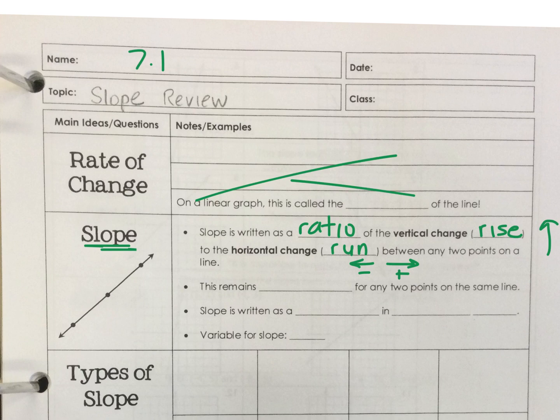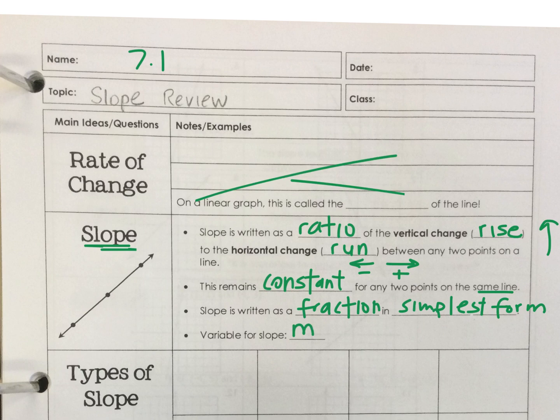This remains constant, meaning for any 2 points on the same line. So, slope is written as a fraction in simplest form. That means, and the letter we use for slope is an M.